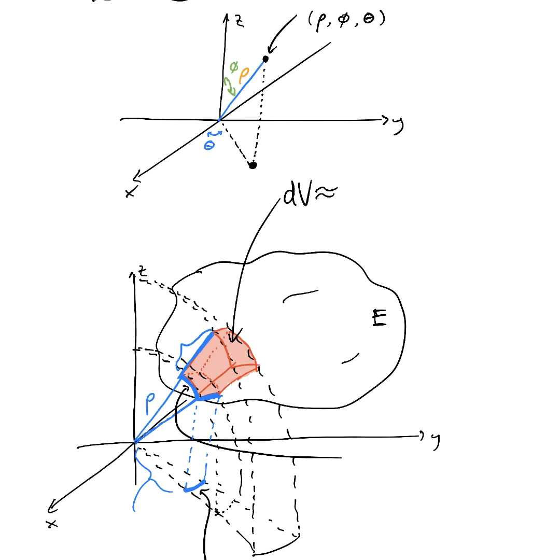That dimension there comes from a change in distance to the origin. So that is a change in variable rho.